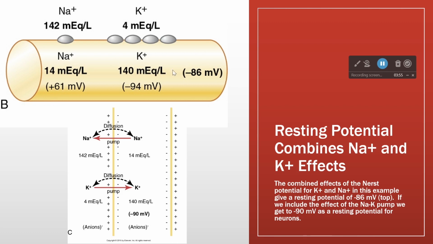If we combine these two in the same cell and we add our leak channels, that brings us to about minus 86. Then if we add the effect of the sodium-potassium pump, that brings us to about minus 90. So that's how we get to minus 90 for a neuron: we combine the Nernst potential for sodium and potassium, and then we add the sodium-potassium pump.